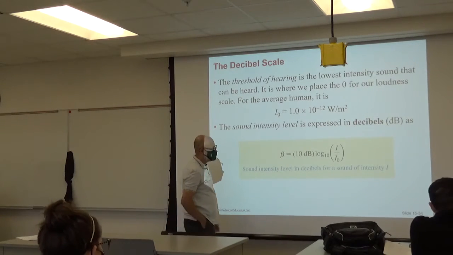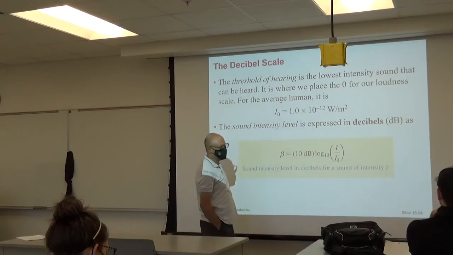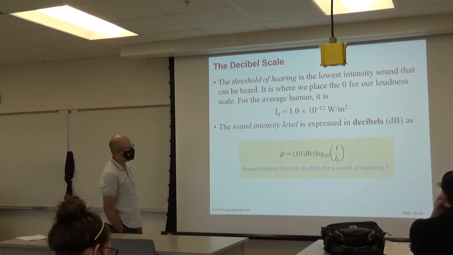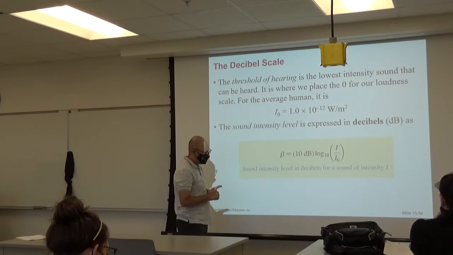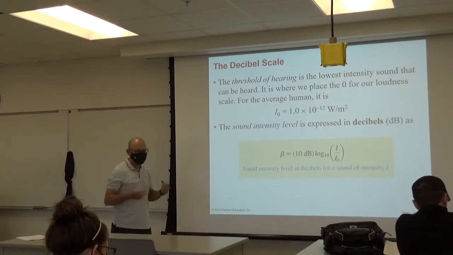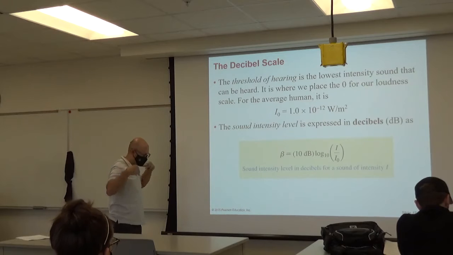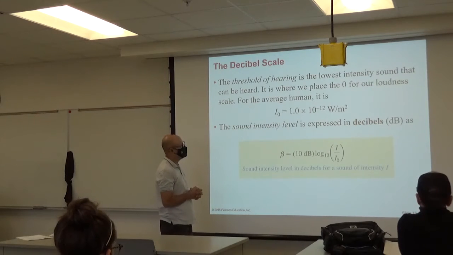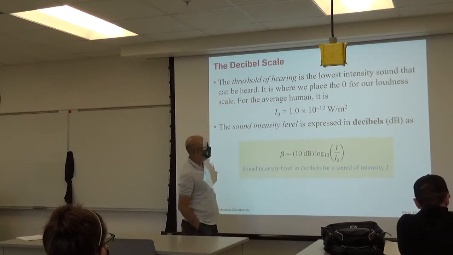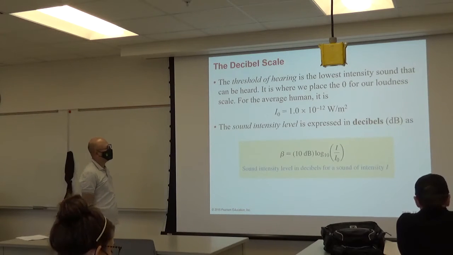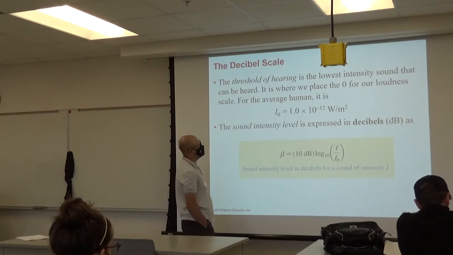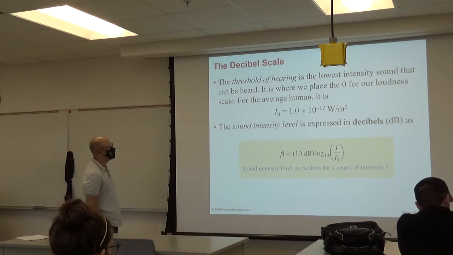Okay? So this I naught is called threshold of intensity. Threshold of intensity is the base level. Okay, base level is the lowest sound we can perceive with our ears. Okay, this is the lowest intensity that we can perceive. That's the threshold of hearing.